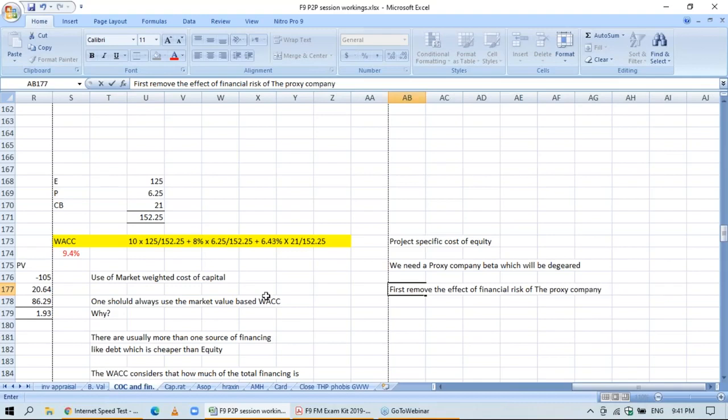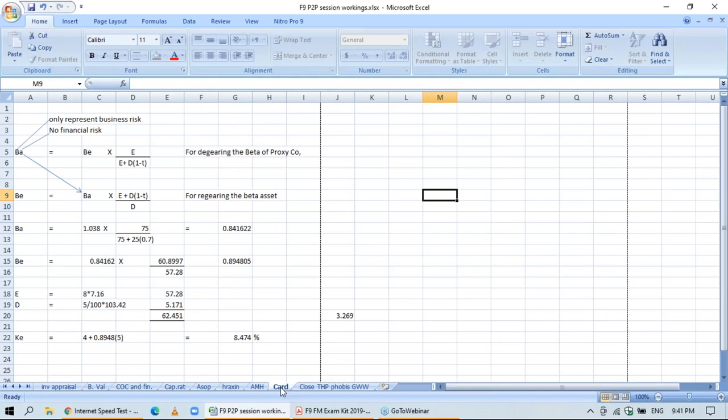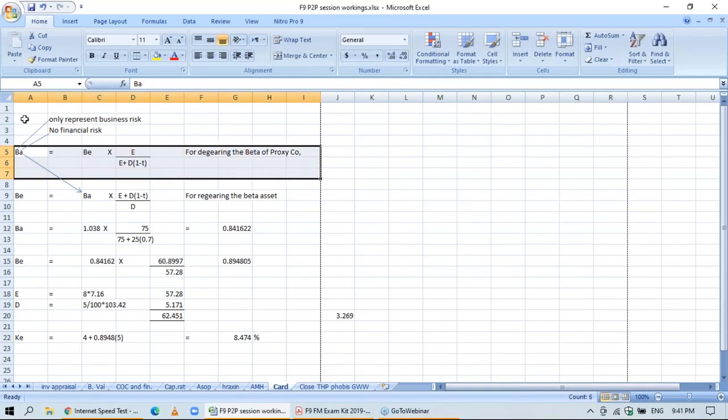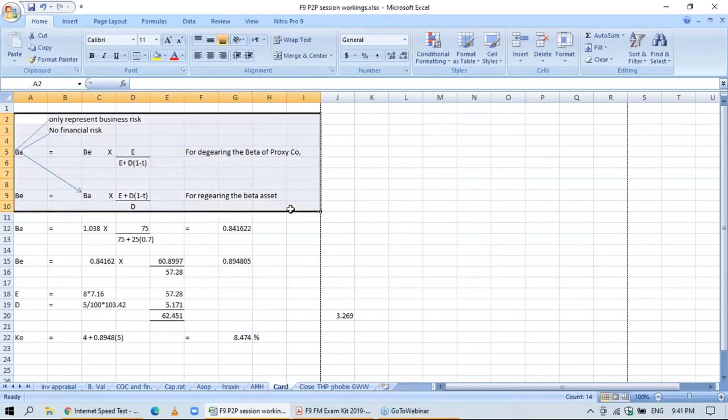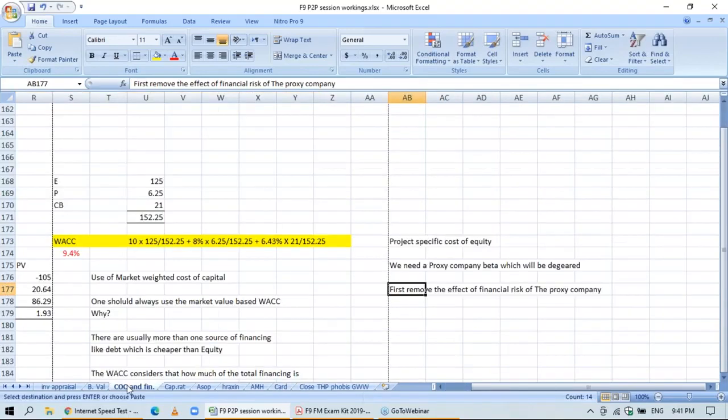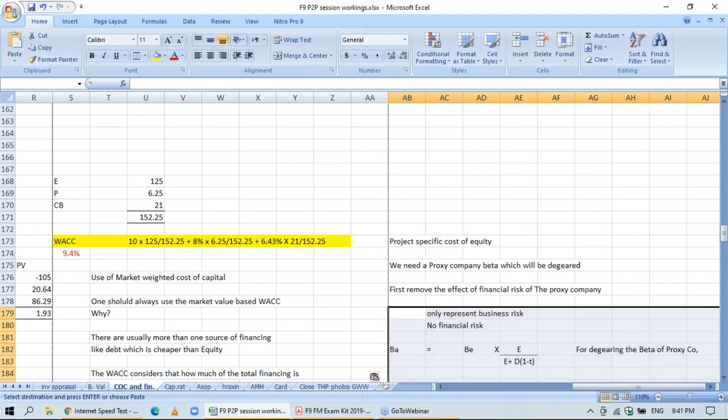Okay, this can be done using a formula to de-gear, and this is the formula for it.